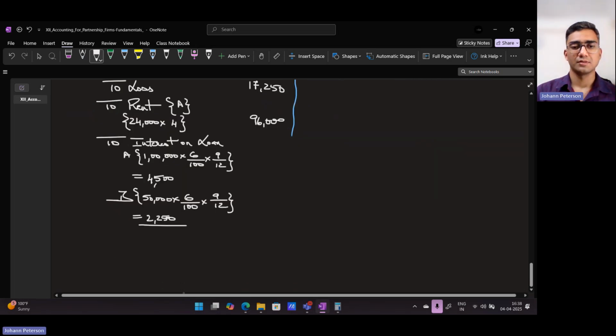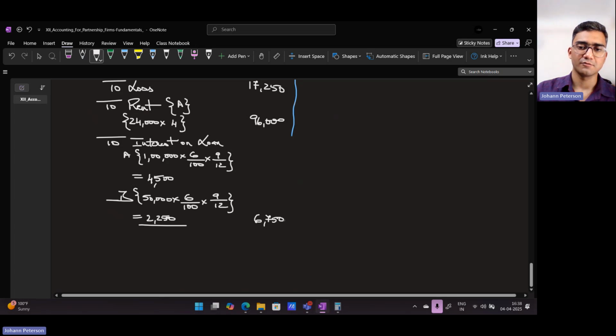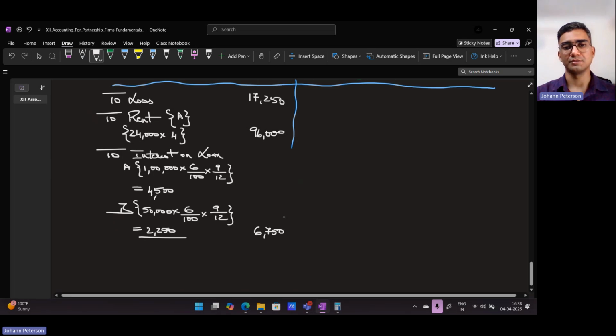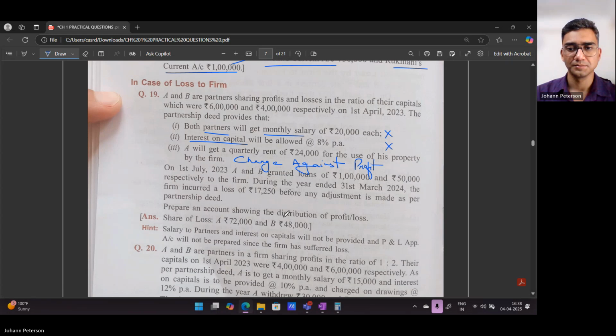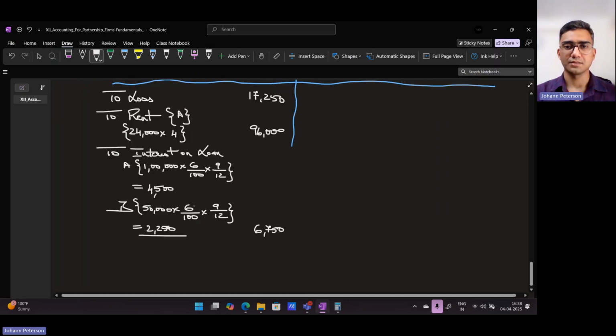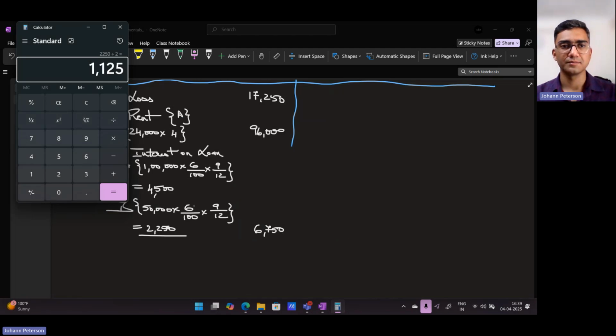And these two total up to 6750. 45, 55, 65, and 2, 67.50, correct. So this should be fine. Now, what else have we been told? We are just asked to prepare this profit and loss account and show the balance, which is transferred to the partners.